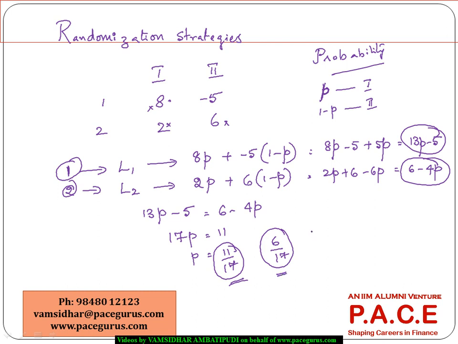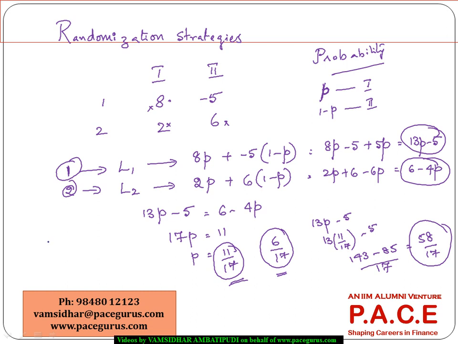His loss is going to be 13P minus 5, which is 13 into 11 by 17 minus 5, which is 143 minus 85 by 17, which works out to 58 by 17.